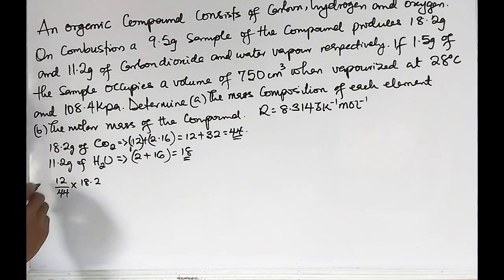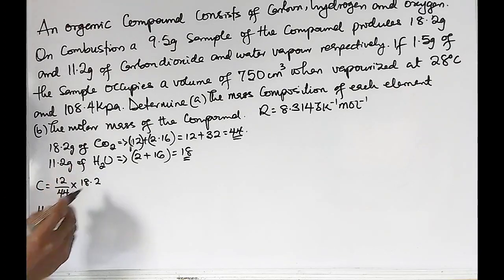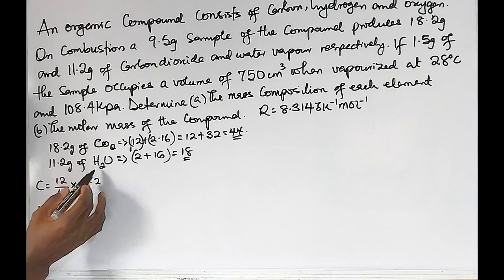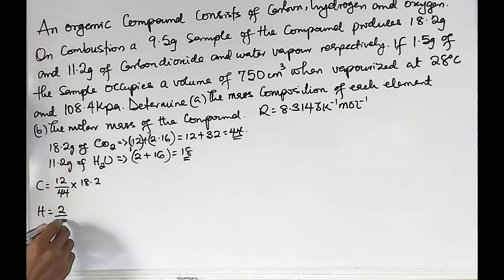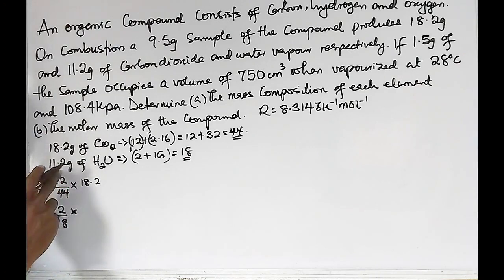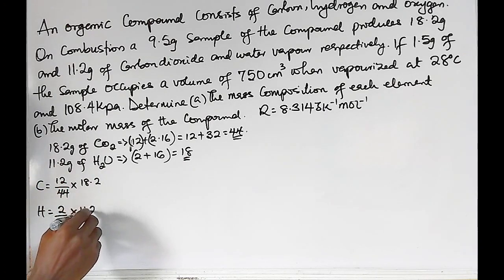Now this one is for carbon. Now for hydrogen, we have 2, because it has 2 atoms, over the molar mass, then times the mass, that will be 11.2.